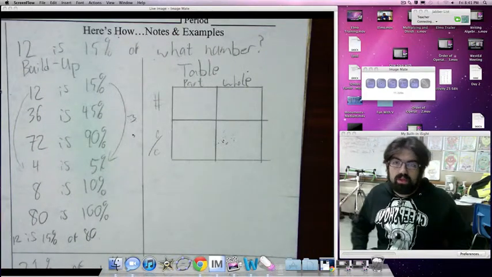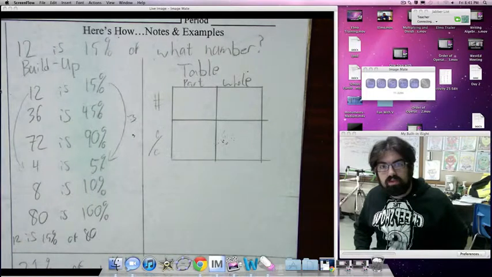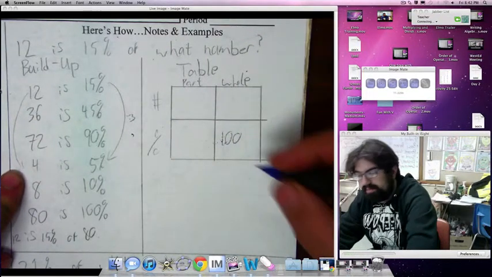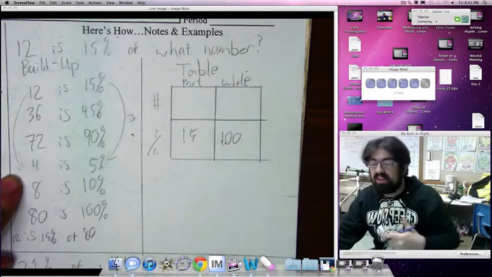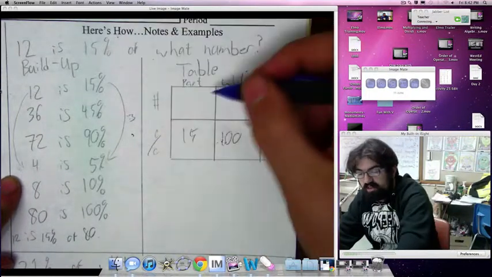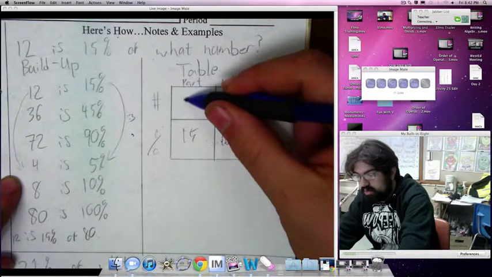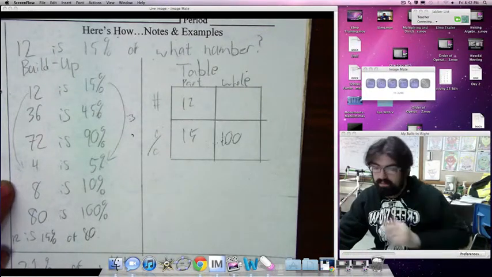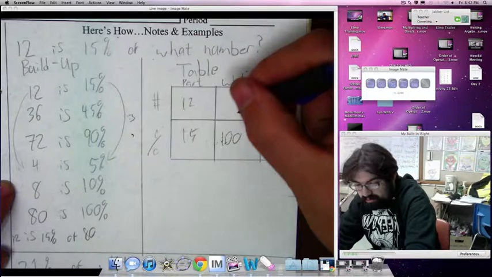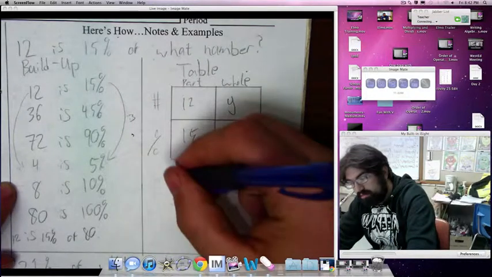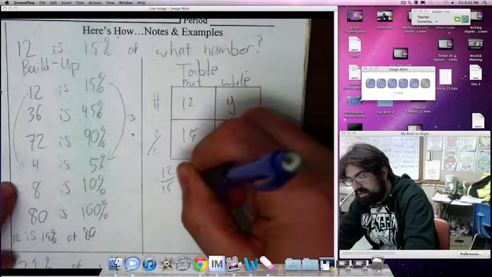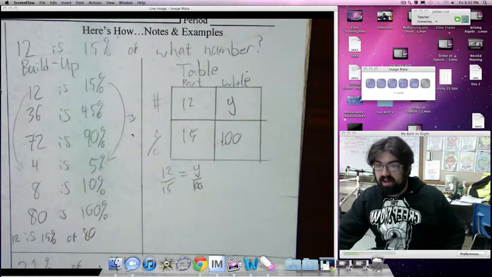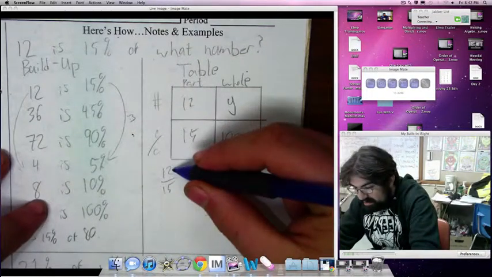Now the table method. Basically, it's pretty standard. That's 100. I have 15% there, and I just got told 12 is 15%. So 12 is 15%, and I'm looking for this. Let's call it y. 12 over 15 is equal to y over 100. I would definitely simplify. I can divide top and bottom by 3.